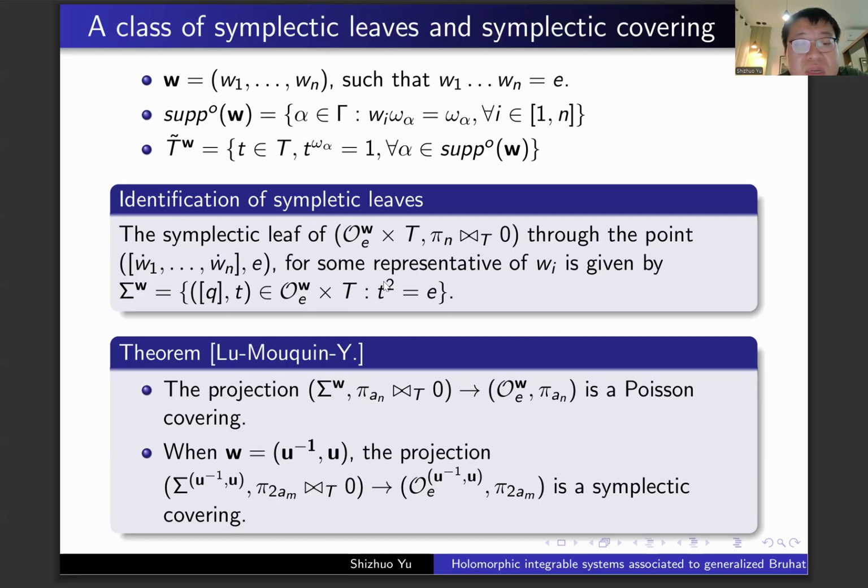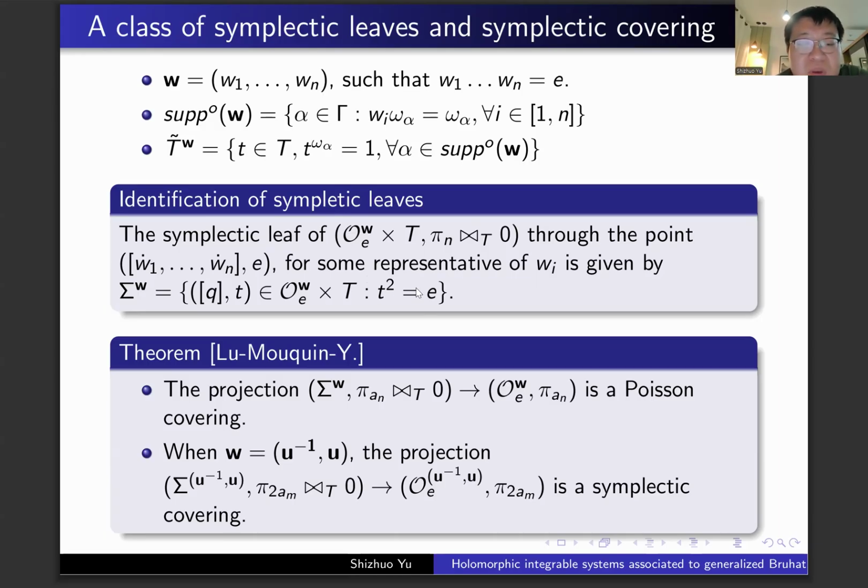It is also t squared equals identity. If the representative of the Weyl element is nice, we can make the equations be t squared equals identity.